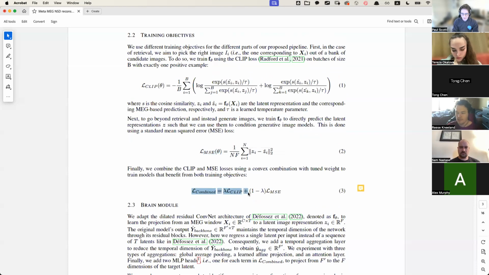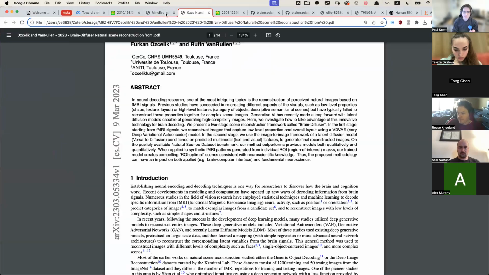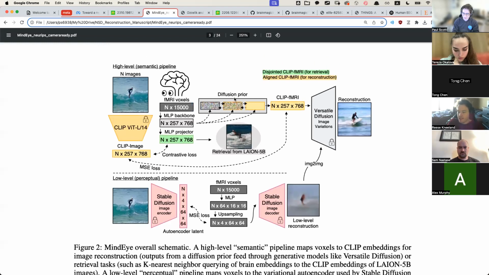And then they say that they combine the two. So they have a hyperparameter lambda that is telling you how much you weight the two losses. And from our MindEye paper, we talk about there being a trade-off between doing reconstruction and doing retrieval. So we had to have this separate submodule that extends from the backbone in order to overcome this trade-off.